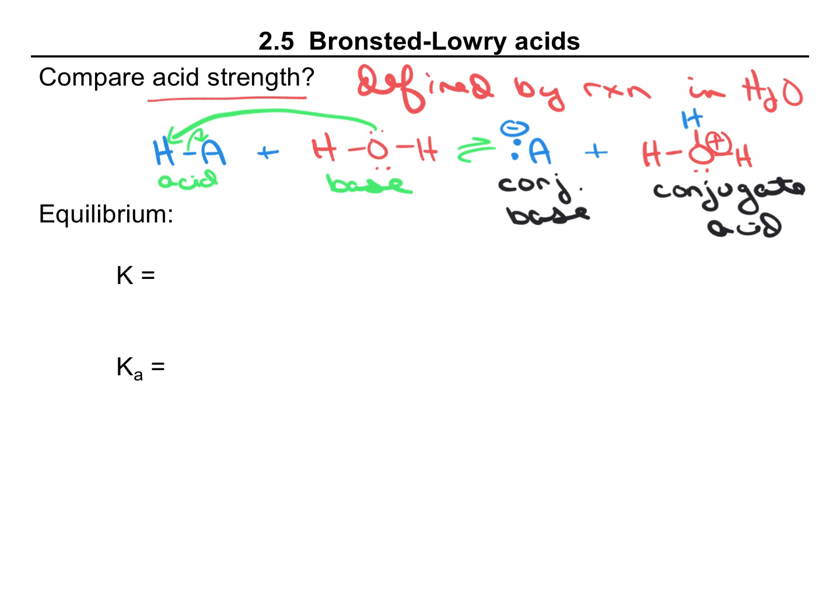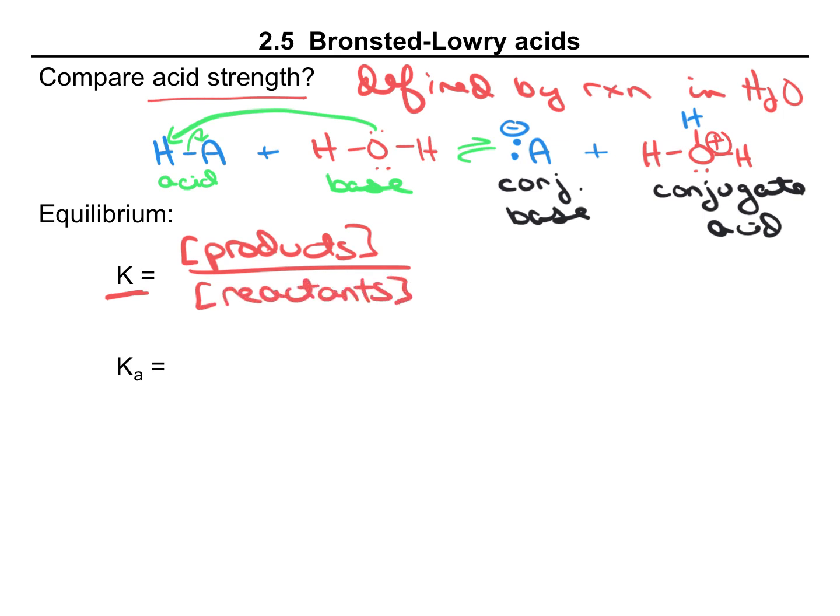And so we have the equilibrium constant, which is represented by a capital K. This is equal to the concentration of products divided by the concentration of reactants. So for any equilibrium, we can write an equilibrium expression that says the equilibrium constant, capital K, is equal to the concentration of products over the concentration of reactants.